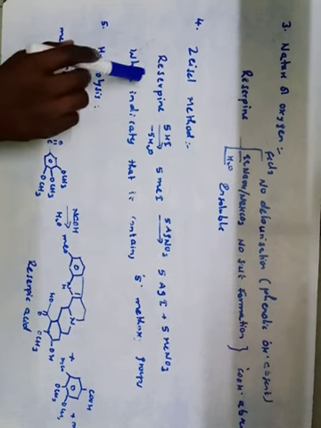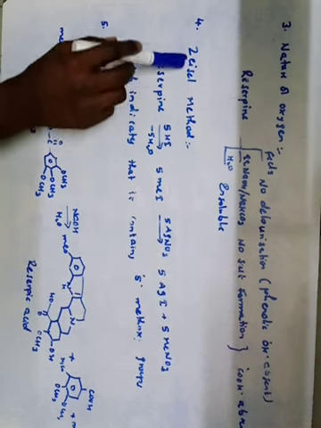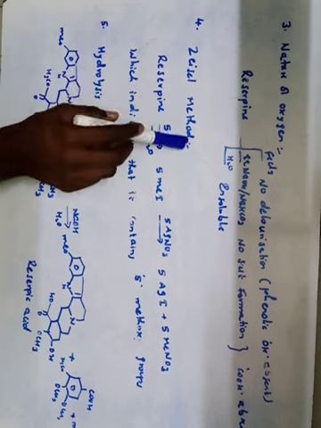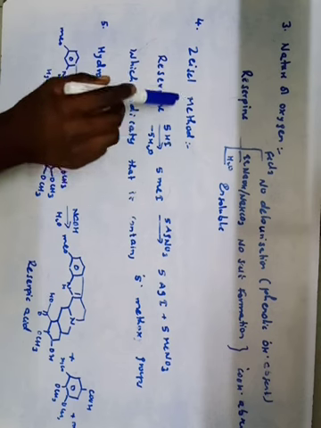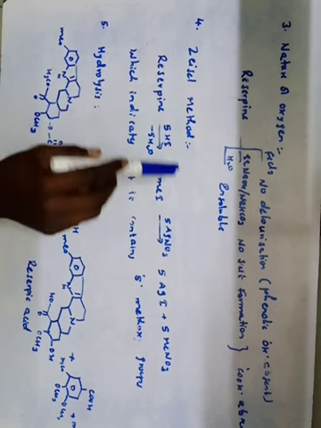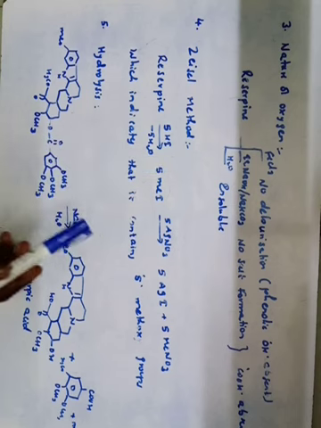Next, the fourth one is the Zeisel method, and this method is used to estimate the alkoxy groups, how many alkoxy groups are present in a compound.